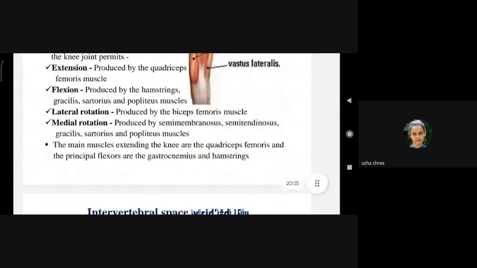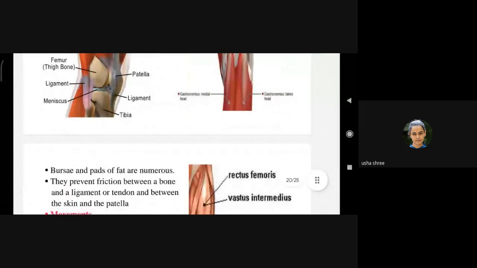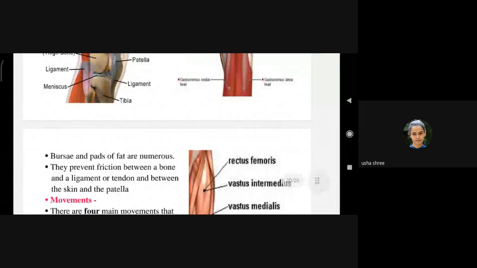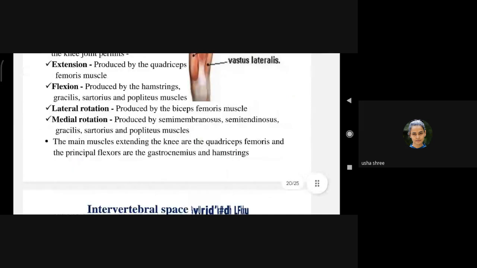I can't show you the gastrocnemius muscle very clearly. We will see it in the calf muscle. Gastrocnemius is the calf muscle only. So this is all about the knee joint.